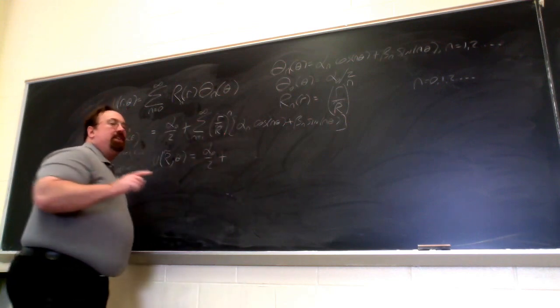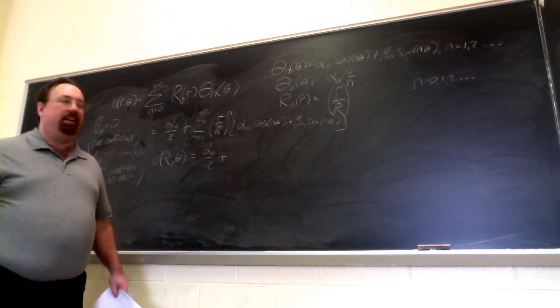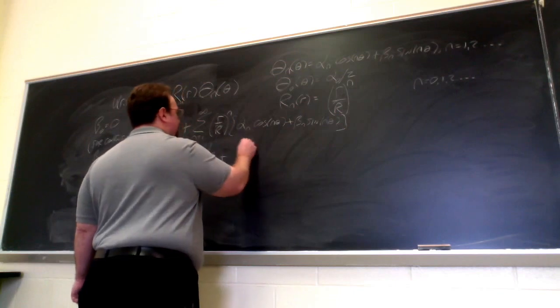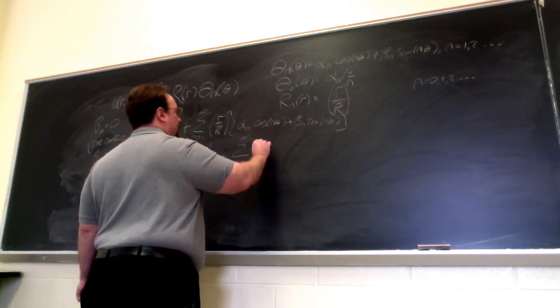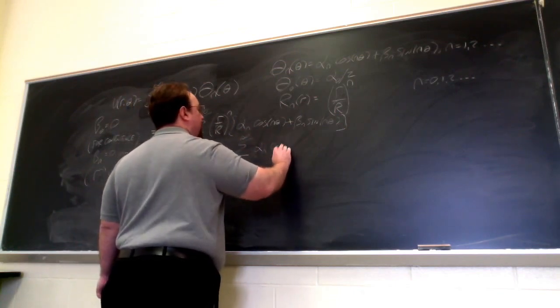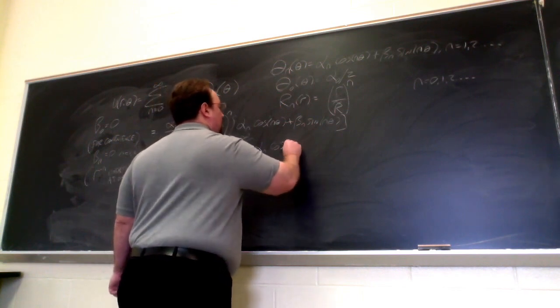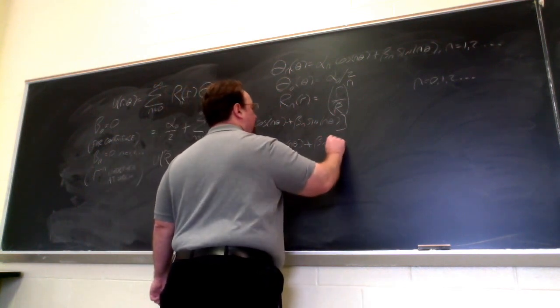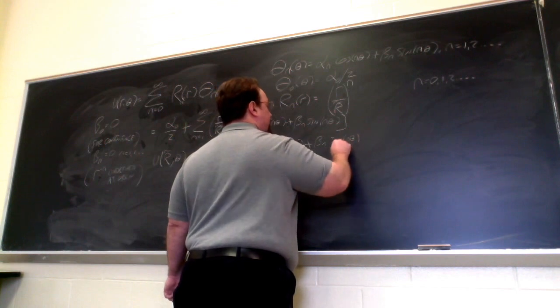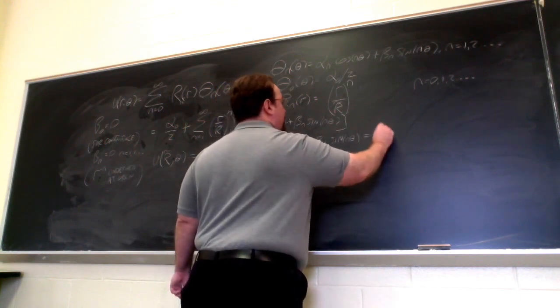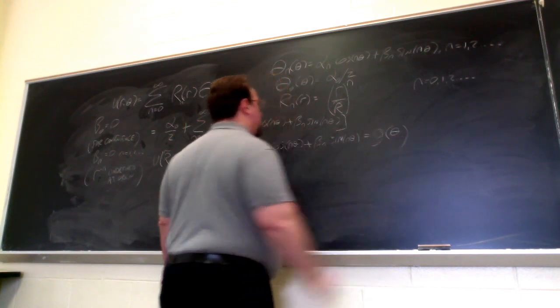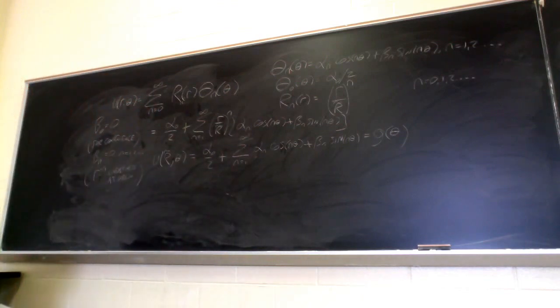That's why I made that choice. So all that goes away, and I have a more convenient expression: alpha n cosine n theta plus beta n sine n theta. And this has to be equal to g of theta. That's my boundary condition.